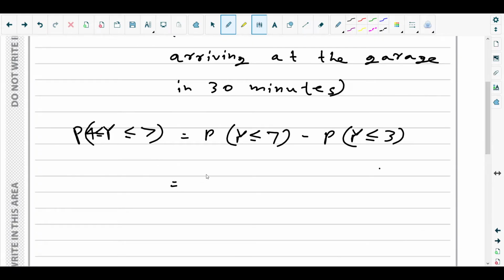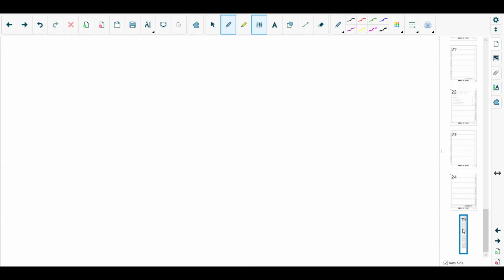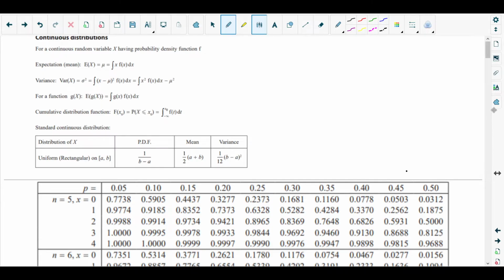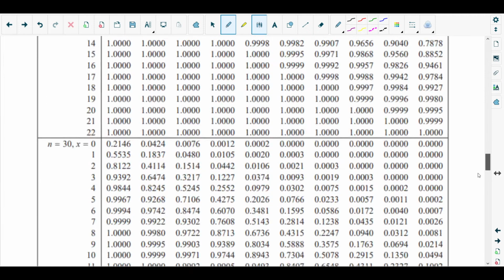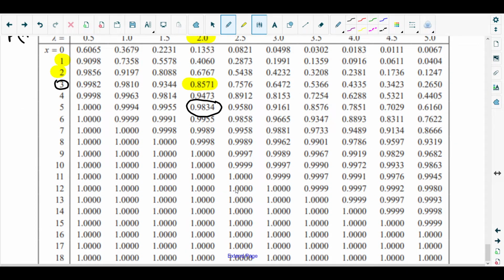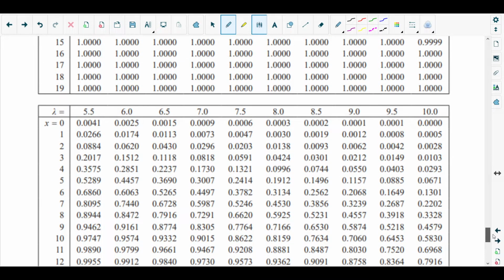So what would be that probability? Let's check the distribution table. Now the lambda has been changed, so we need the value for lambda equals 6.